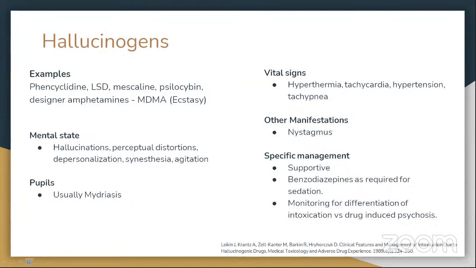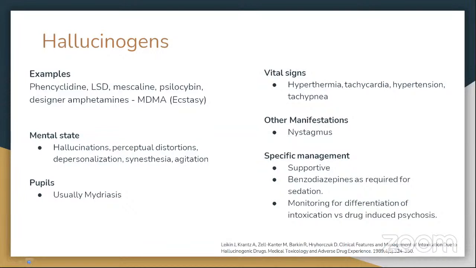Then hallucinogens. So hallucinogens might be confused with substance abuse, substance-induced psychosis. However, the management for these remains the same: benzodiazepines for sedation. Mental state: hallucination, perceptual distortions, depersonalization, similar to substance-induced psychosis.